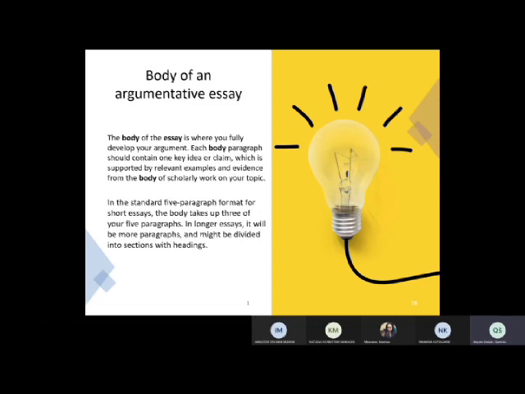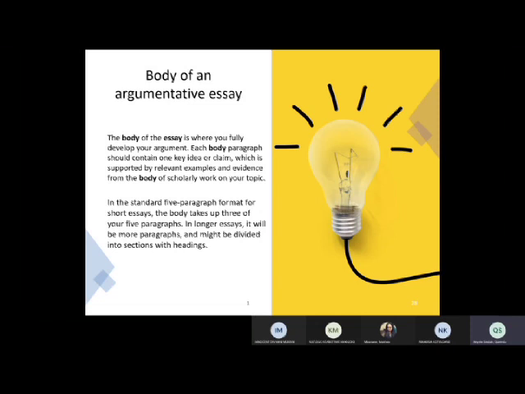Okay, let's look at the body of an argumentative essay. If we follow the Rogerian, the argumentative essay can also be presented a little bit differently. So the body of the essay is where you fully develop your argument, right? So remember, in the introduction, you have presented your argument. Now in the body, you will be fully developing this argument into fully fledged ideas, right?